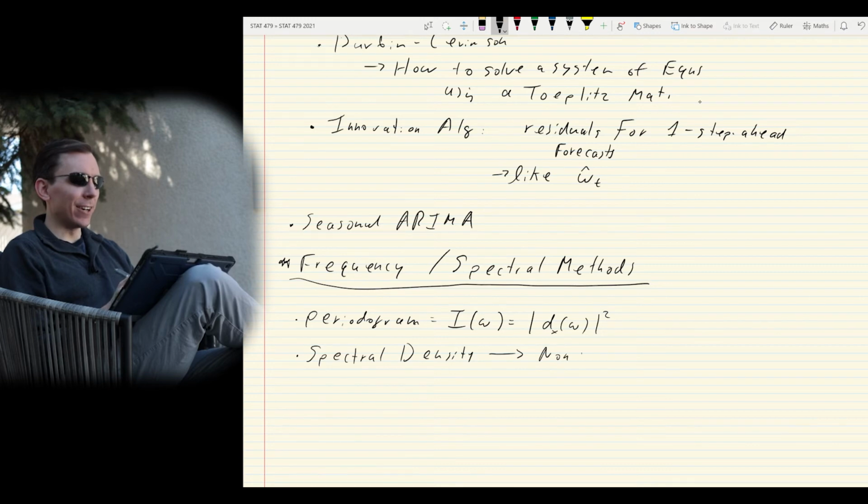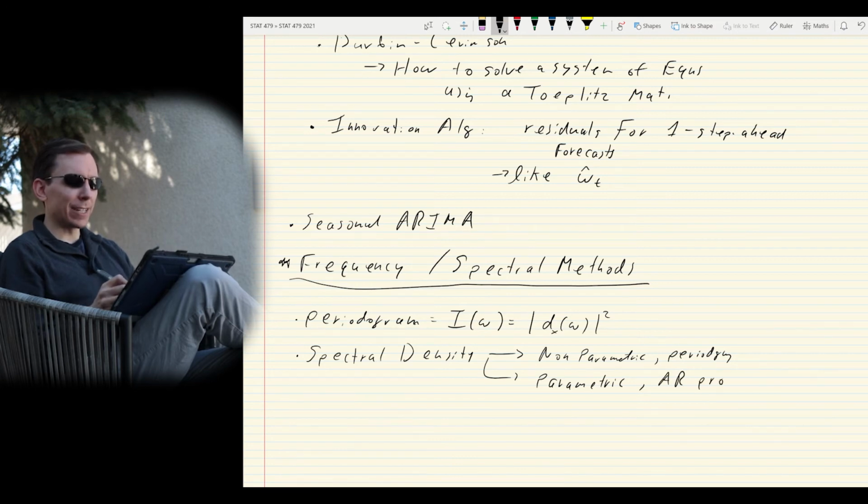There's the non-parametric approach, which is based on the periodogram. There's also the parametric approach, which is based on the AR process.